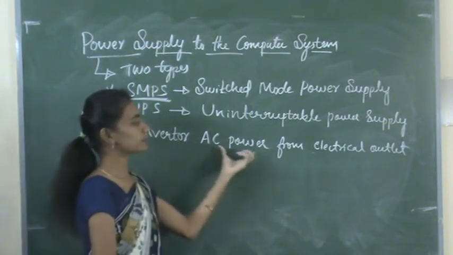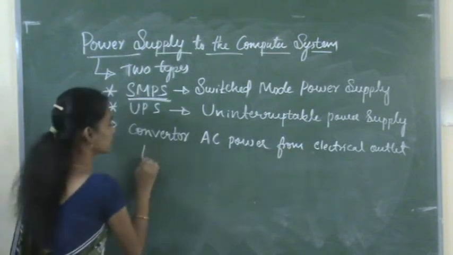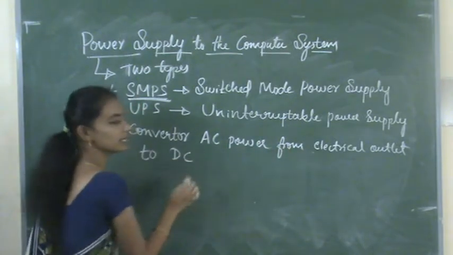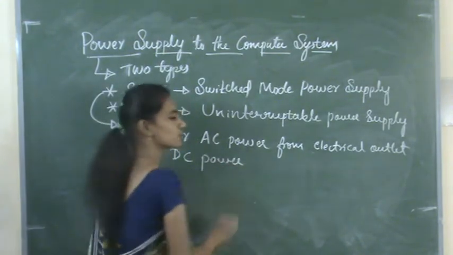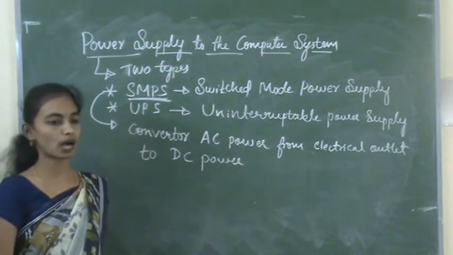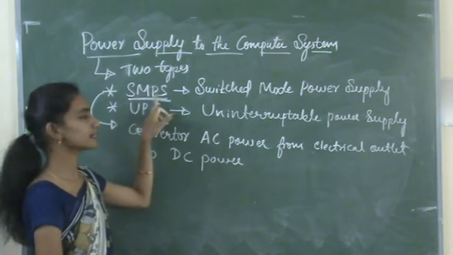That AC power is converted to DC, meaning direct current power, which is needed by the system components. That is what we call SMPS.